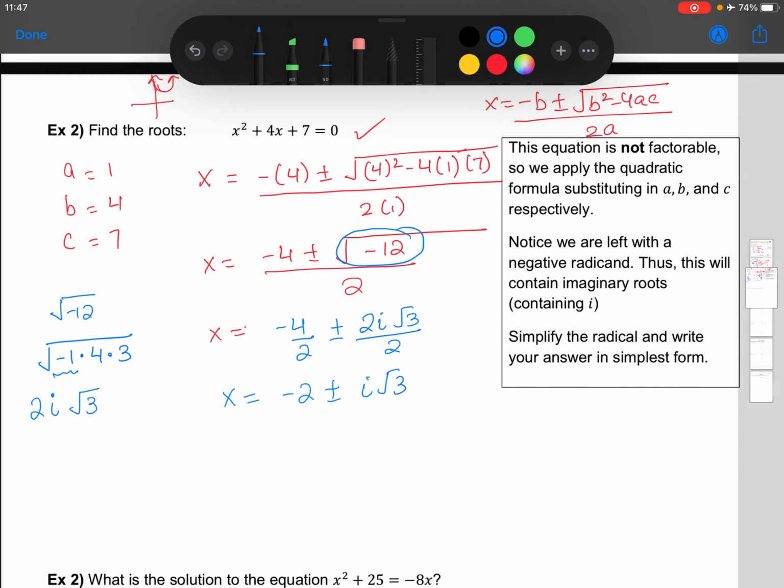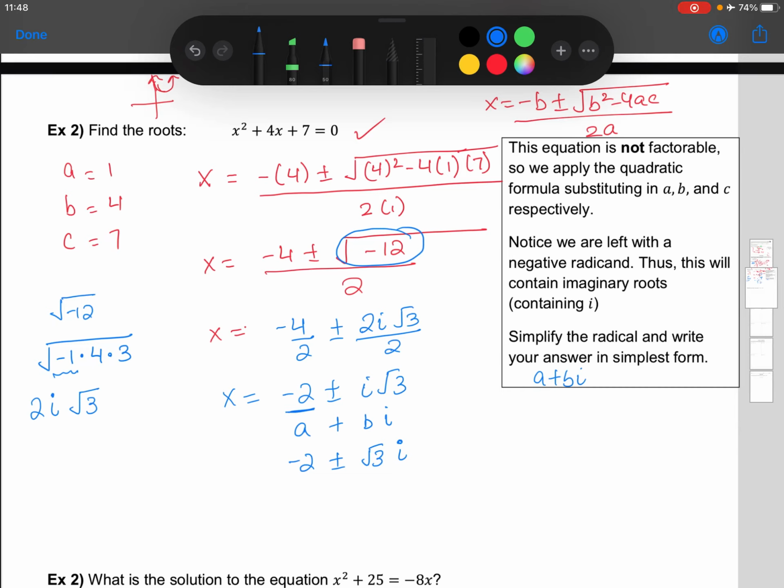If you're writing in a plus bi form, guys, I'm going to write it here, a plus bi form. So this is your a, and I'm going to rewrite it as plus bi, plus or minus bi, whatever you want to say. So I must write it as -2 plus and minus rad 3 i on the outside like that.